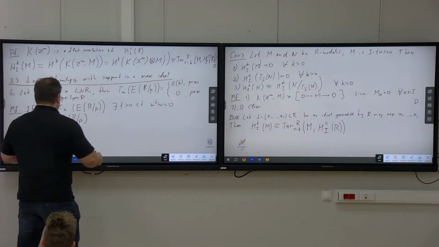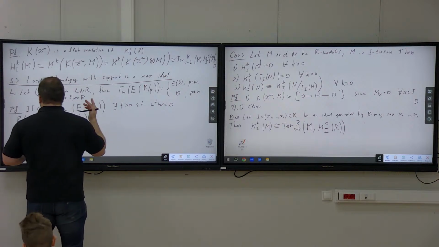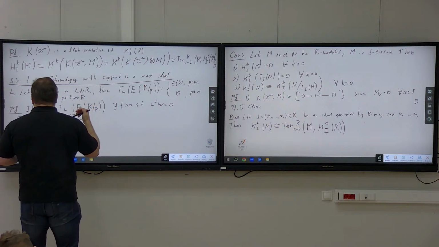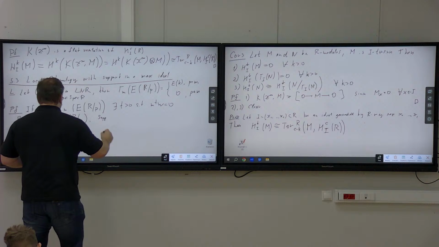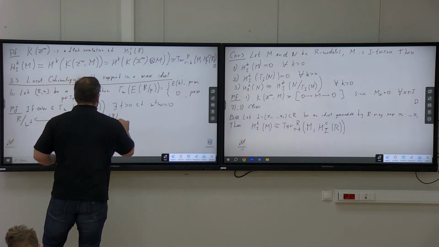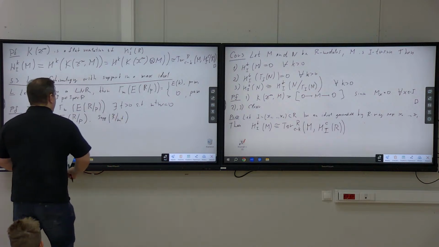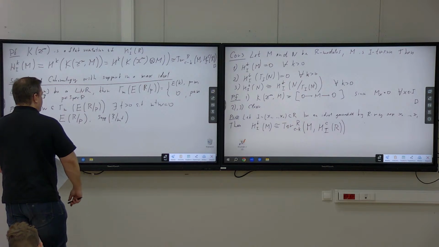Now, as before, we can say that there are different ways to say this. I'm not sure that what I'm saying is optimal. Well, the support of R/m^t is just the maximal ideal.